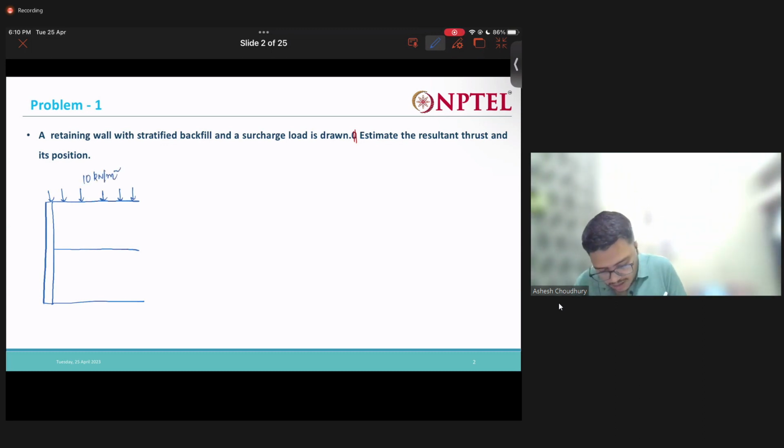The soil properties are given: for the upper layer, phi is 30 degrees and c is 0, gamma is 20; for the lower layer, phi is 10 degrees.